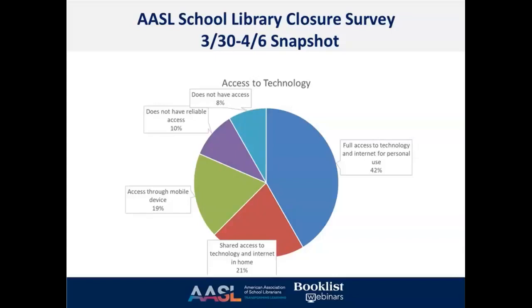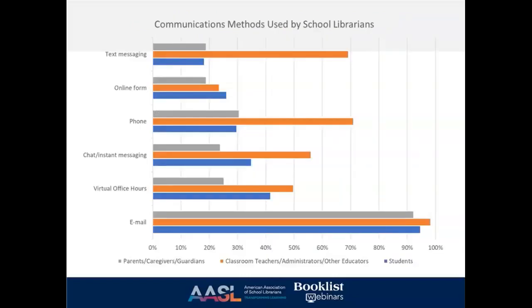The responses did show that access to technology for the distance learning that we're expecting with students is showing that there are issues with equity. And equity is so important to school librarian beliefs.